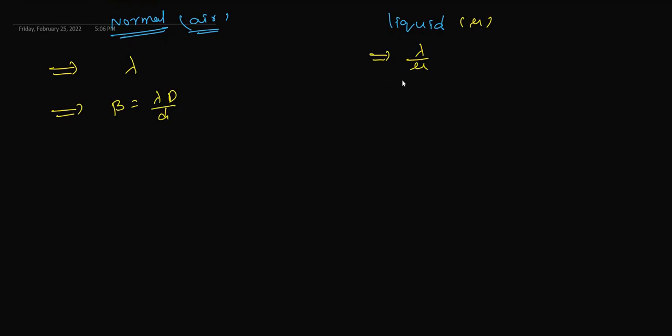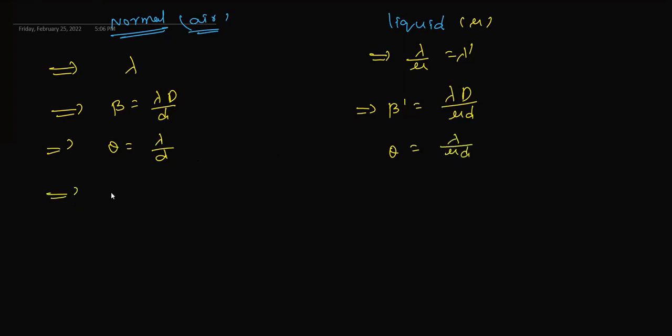In place of lambda we put lambda by mu, so beta dash is lambda D by mu d. It decreases by mu times. The angular fringe width, nothing but lambda by d, becomes theta equals lambda by mu d.